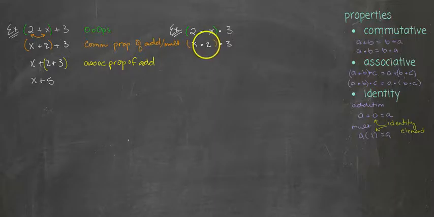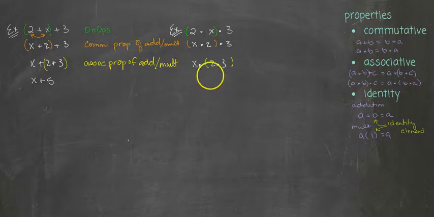And now I can use the associative property of multiplication, and I can switch my parentheses so I group my two integers together. So I have x times 2 times 3.